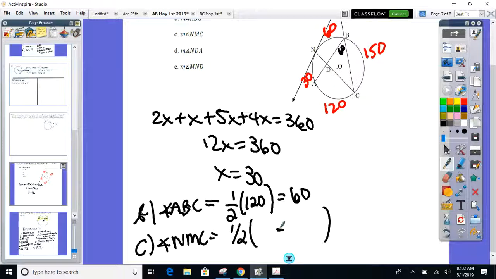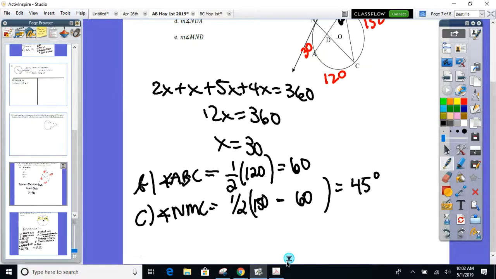Subtract. You better watch yourself here. If you need highlighters tomorrow, use them. What's the bigger arc in between there? It's not 120, it's a little more than that. 150. Everyone see it's actually NAC? So I got 150. What's the smaller arc? 60. What is angle NMC? 45. Everyone all good?